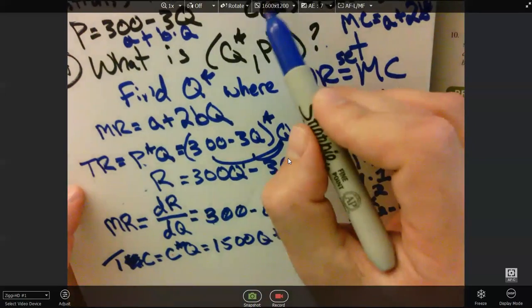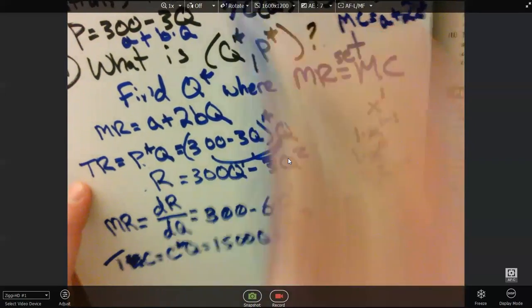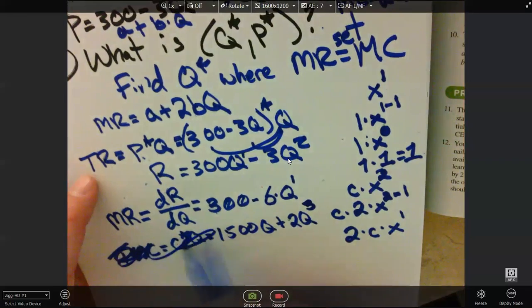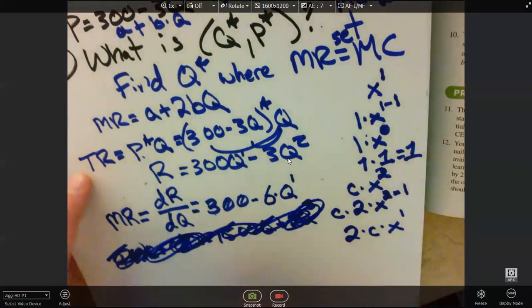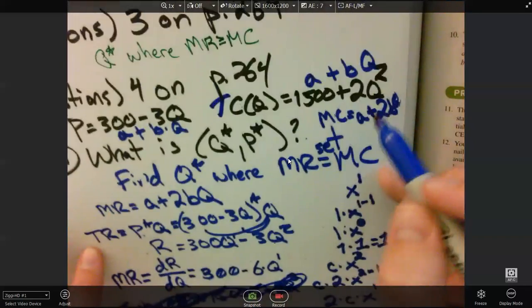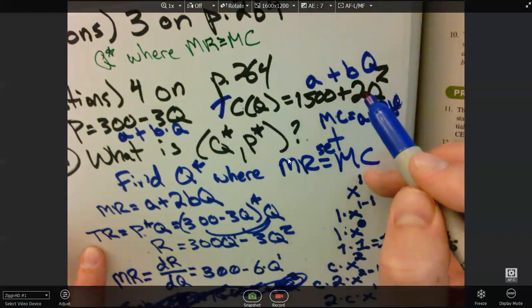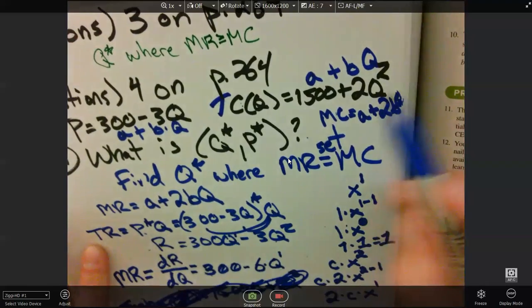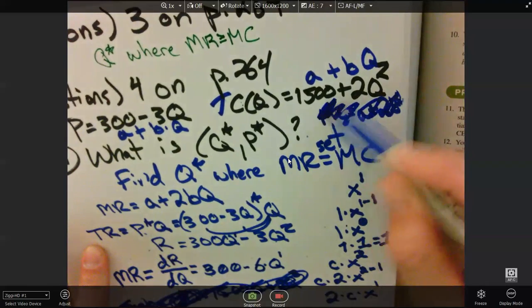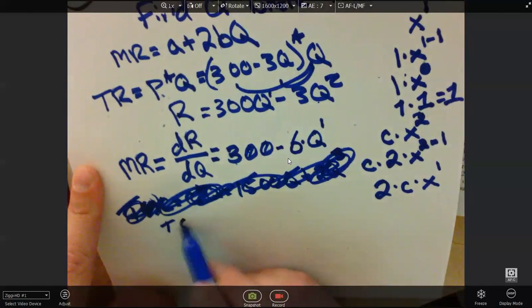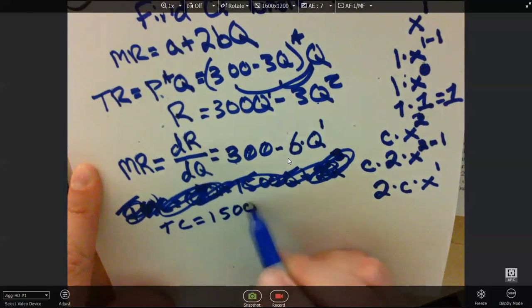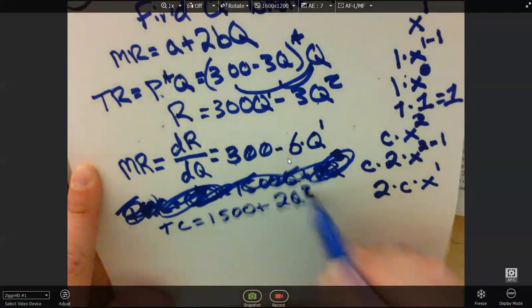Okay, so this is already my total cost. Apologies. So I could just skip right to the total cost. All I need to do is just take the derivative of this. This is not the shortcut. Total cost is equal to 1500 plus 2Q squared.